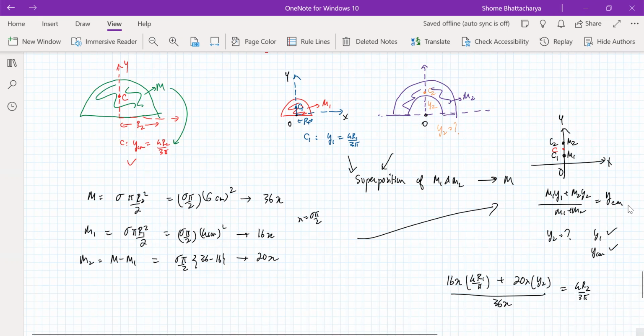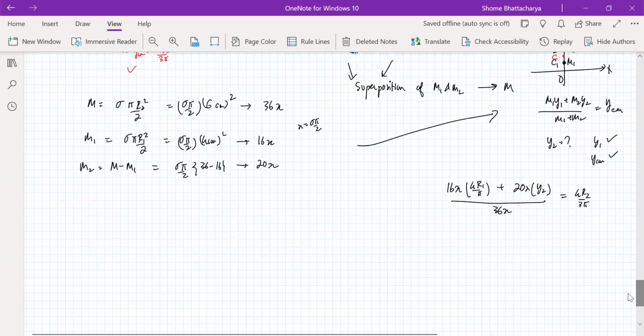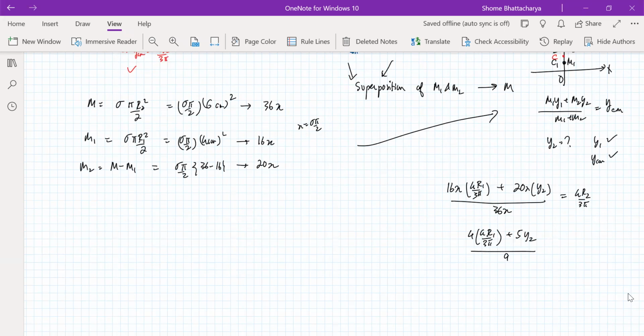Okay, so now you can cancel off the x and everything. I think 4x can be taken as a common term. So 4 times 4r1 by 3 pi plus 5 times y2, divided by 9, is equal to 4r2 by 3 pi.